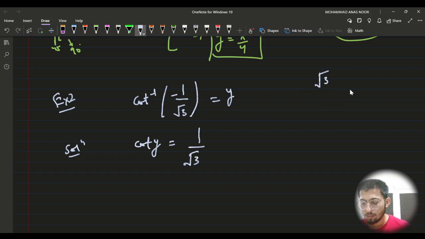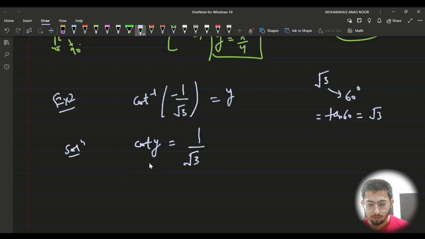So for pi by 3, which is 60 degrees, tan is root 3, isn't it? So pi by 3, and 60 is root 3. Then y should be equal to 60, right?